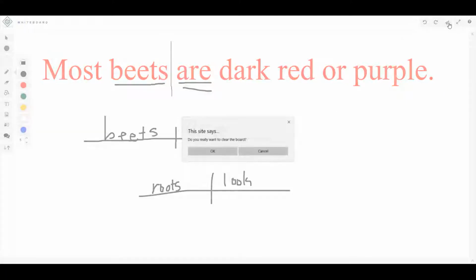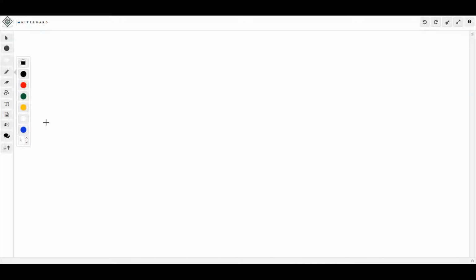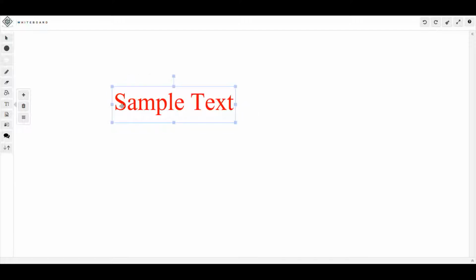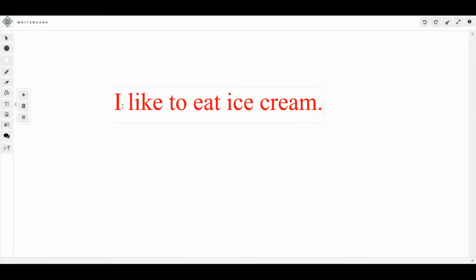So I'm going to go ahead and help you with that part of it. I'm going to write a sentence about something sweet that I like to eat, and then I'm going to diagram it. And remember, you have to do your own sentence, okay? I like to eat ice cream. Yum.